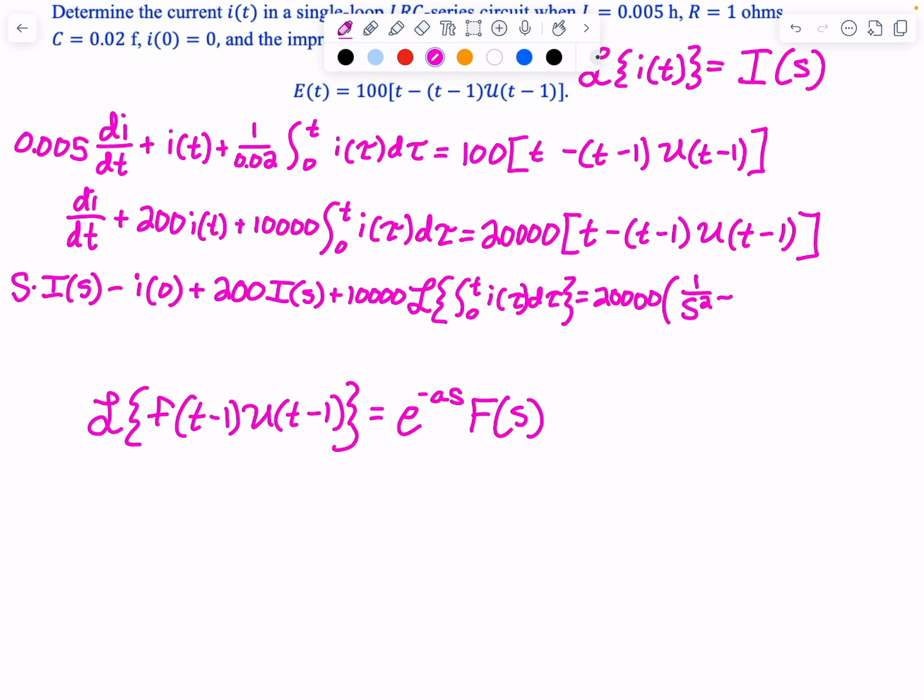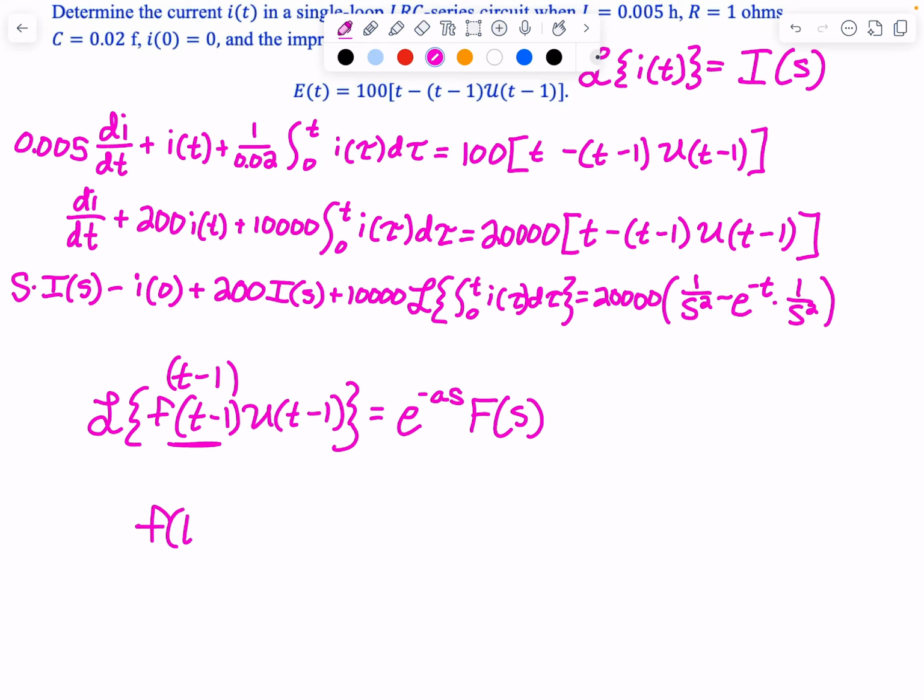So it's going to be e to the negative s, and then our function in this case has to have the t minus 1, so it's just a t. So it's 1 over s squared. I want you to go ahead and look at the rule for that. This f of t in this case, this is t minus 1. So it would be a t.